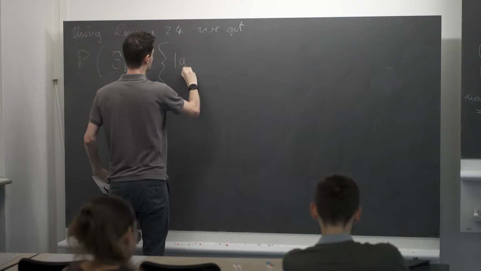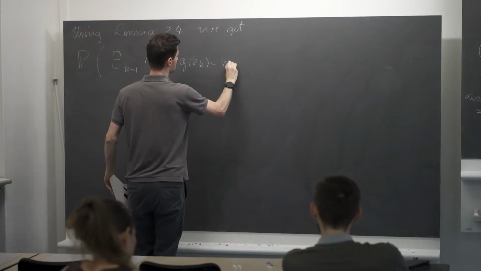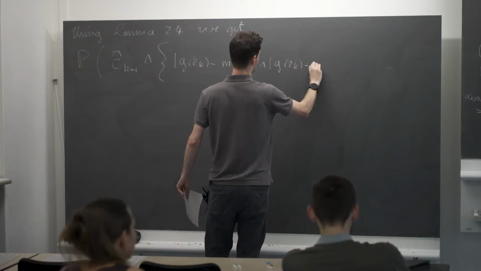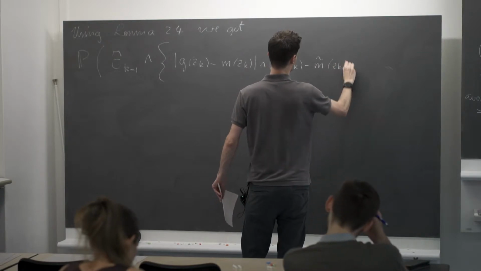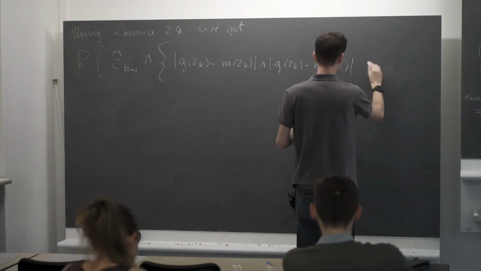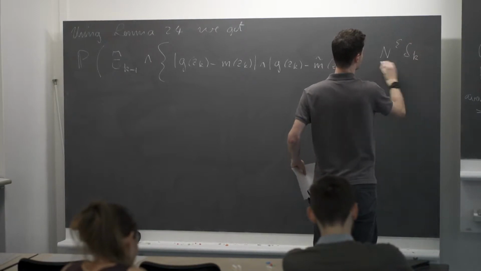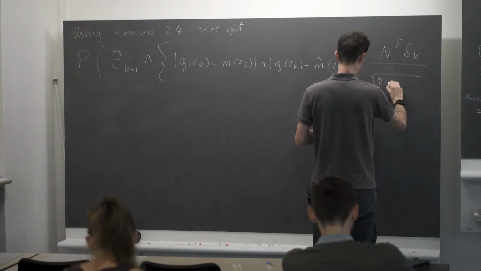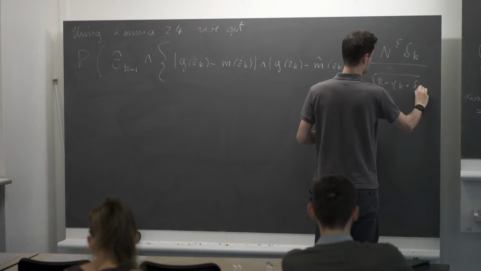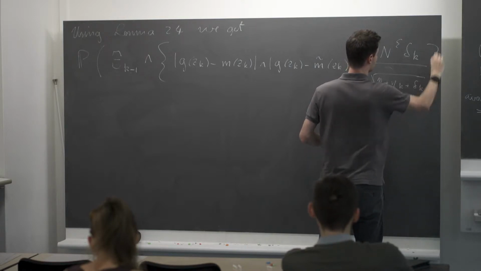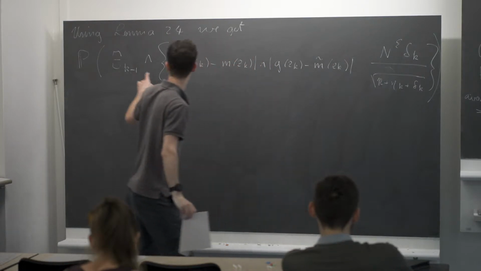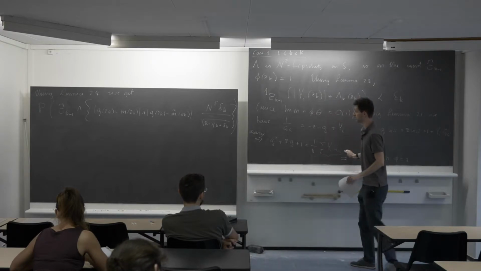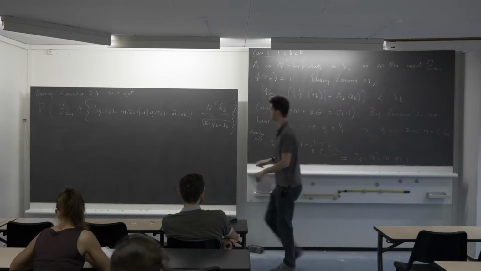So the claim is that this holds. If you recall, lemma 24 says that if this right-hand side is bounded by n to the epsilon times delta k, then this thing holds.